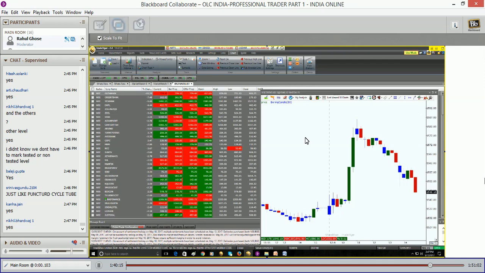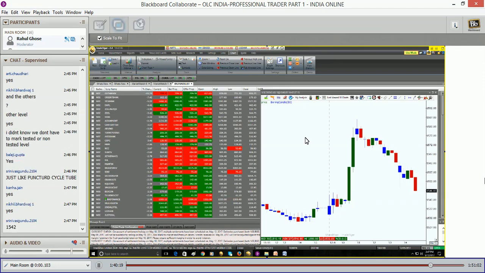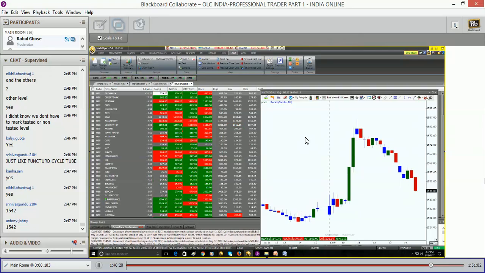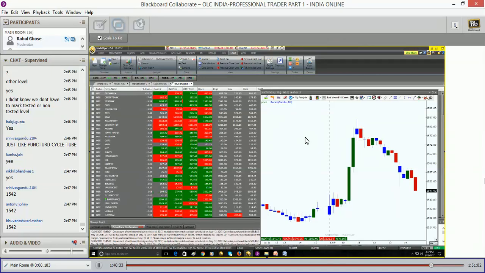Tata Elxsi on the 15-minute chart, where can you see a level? Yeah, that's the last exercise. I want you guys to mark it. I'm going to give you 5 minutes time.